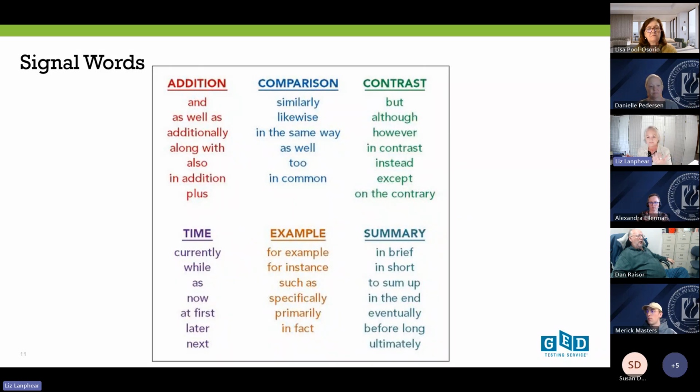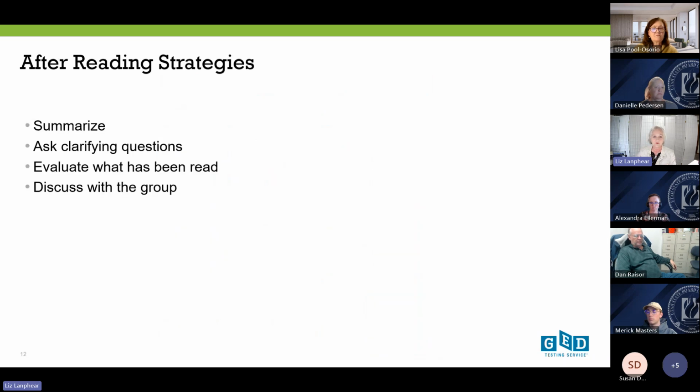Or similarly, but is another one, it's like there's a contrast there. So those are all keys to deciphering what this information is being presented here. So teach those signal words and how to work through those.